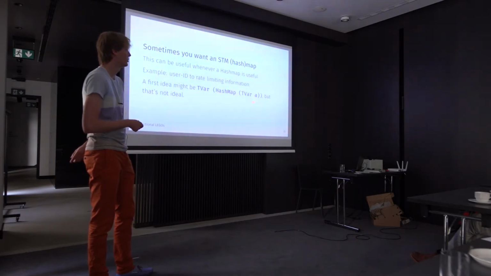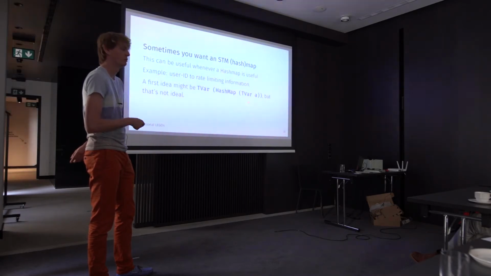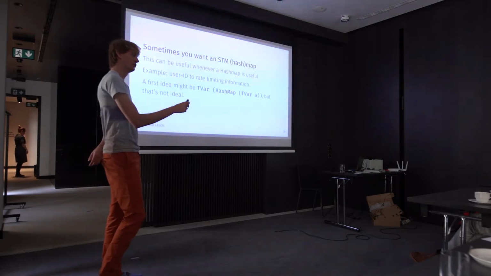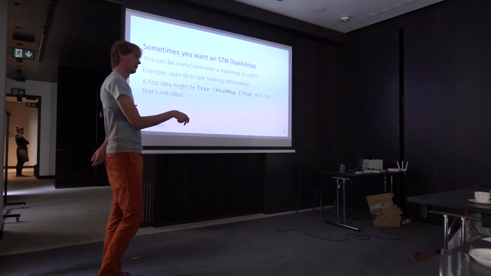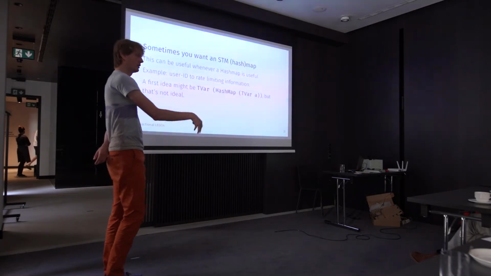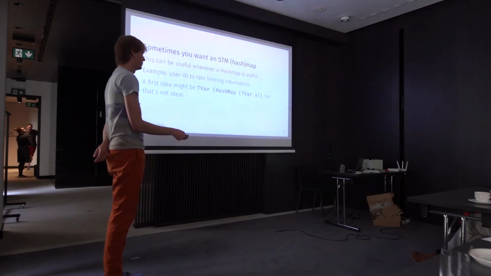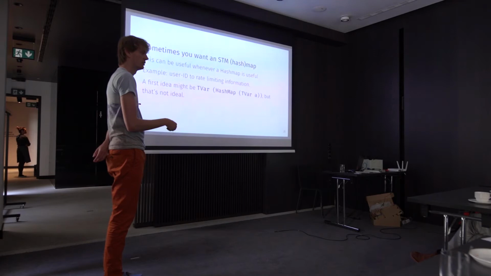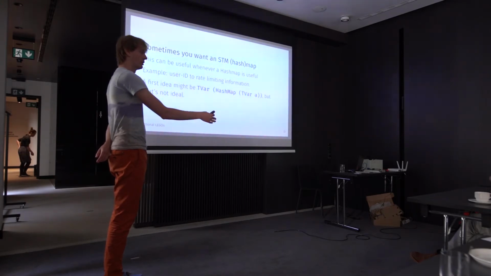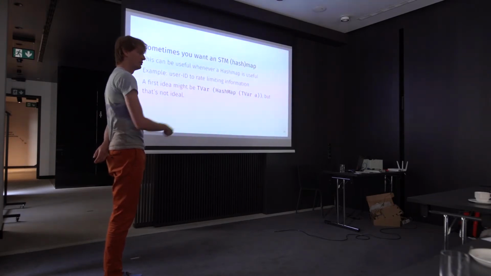Because you want to be able to update individual elements if they're already in the hash map. So if a key already exists, you might want to change the value, the thing the key points to, without updating the entire hash map. So then there's a TVAR there, so you can mutate the individual cells.